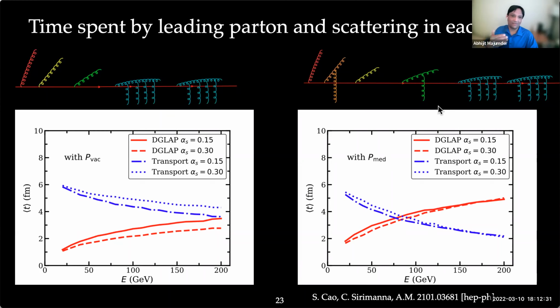So when you don't know exactly how to transition, you use a matching scale. You say above this scale, the theory is like this, and below this scale, the theory is like this, and let's have it match at this scale, and then we move the matching scale and see how sensitive it is to that. But back to your question, the scattering does change. It's not pure DClap anymore.